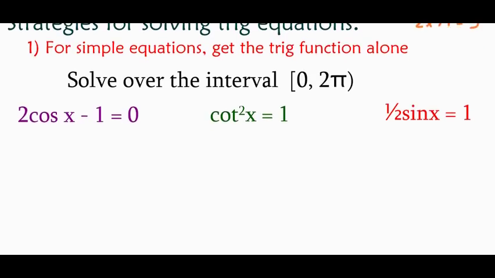So let's start with the first one. So here, I'm going to start by getting the cosine by itself. So I add 1, so that gives me 2 cosine x equals 1. Then I'm going to continue isolating, divide by 2, so that gives me cosine x equals 1/2.